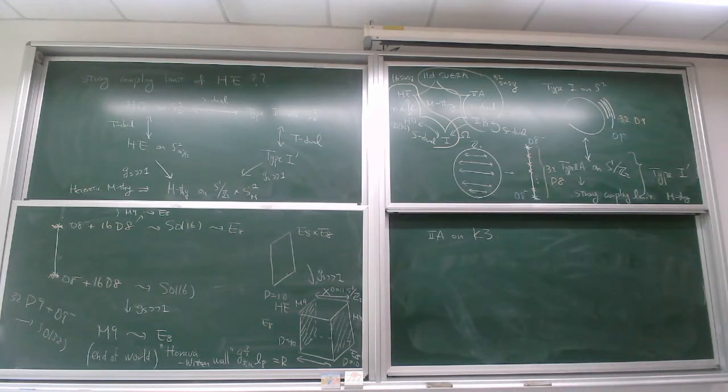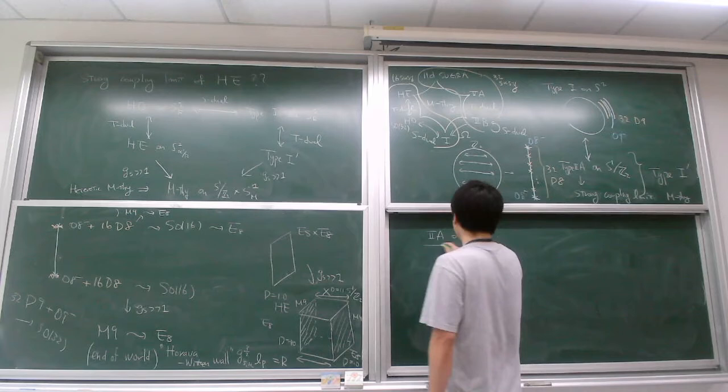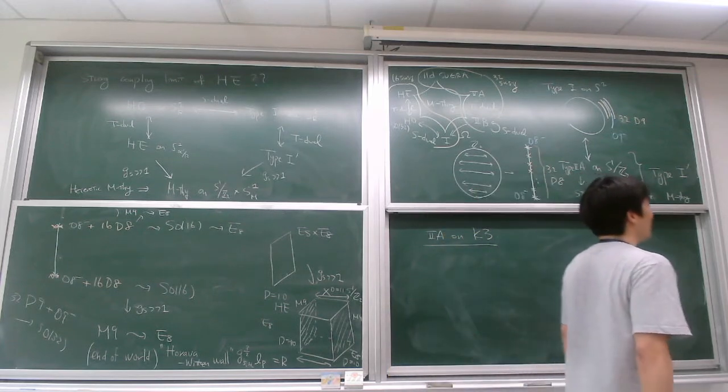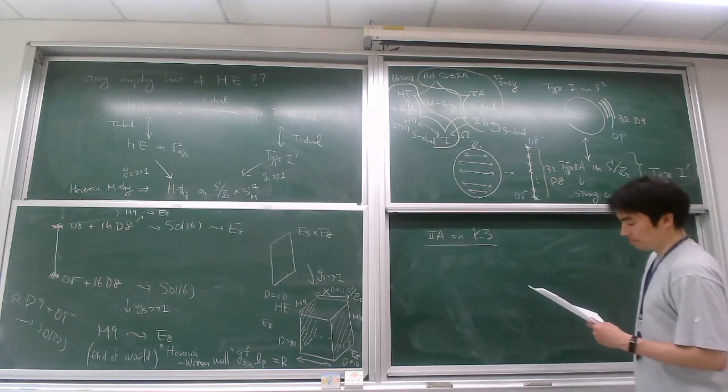Unfortunately, we don't have time to talk about Calabi-Yau compactification, but I will talk about the simplest non-trivial Calabi-Yau twofold, which is called K3.